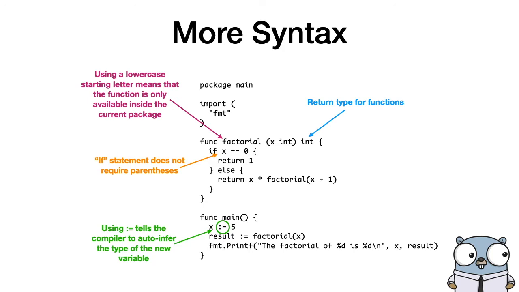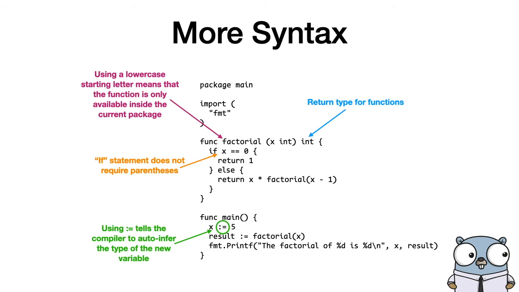And then we can pass those variables to the printf function. Okay, and factorial, for those of you who don't know what a factorial is, a factorial of 5 is 5 times 4 times 3 times 2 times 1. The factorial of 6 is 6 times 5 times 4 times 3 times 2 times 1. So that's what the factorial is. And this factorial is implemented recursively.